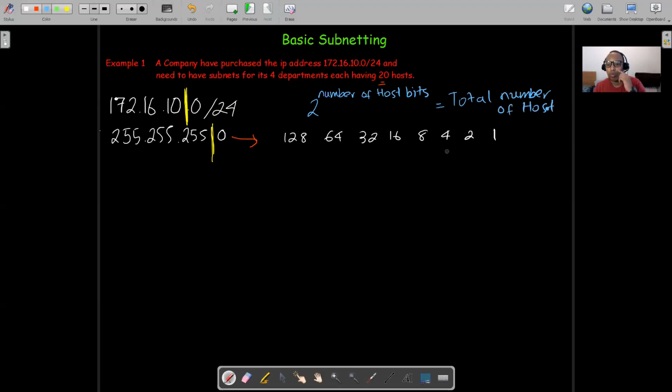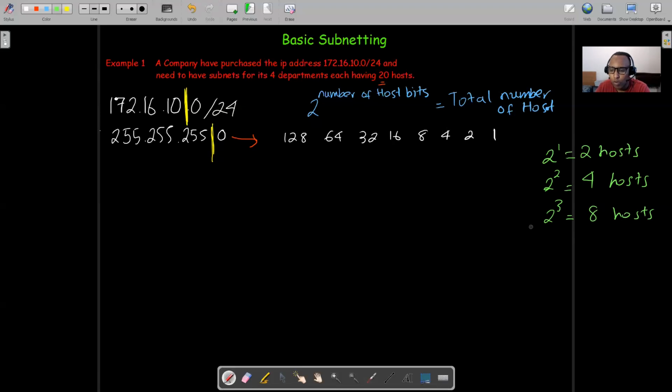Let me give you an example here. If we use the first bit as part of our host portion, we're going to have 2 to the power of 1, which is equal to 2 hosts. Next, if we borrow 2 bits for a host, it's 2 to the power of 2, giving us 4 hosts. With 3, 2 to the power of 3 gives us 8 hosts.